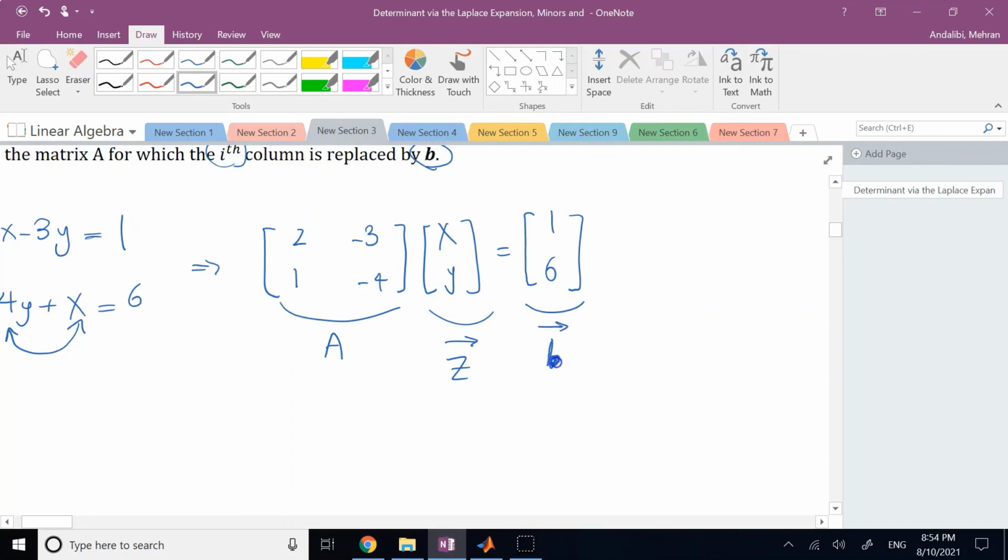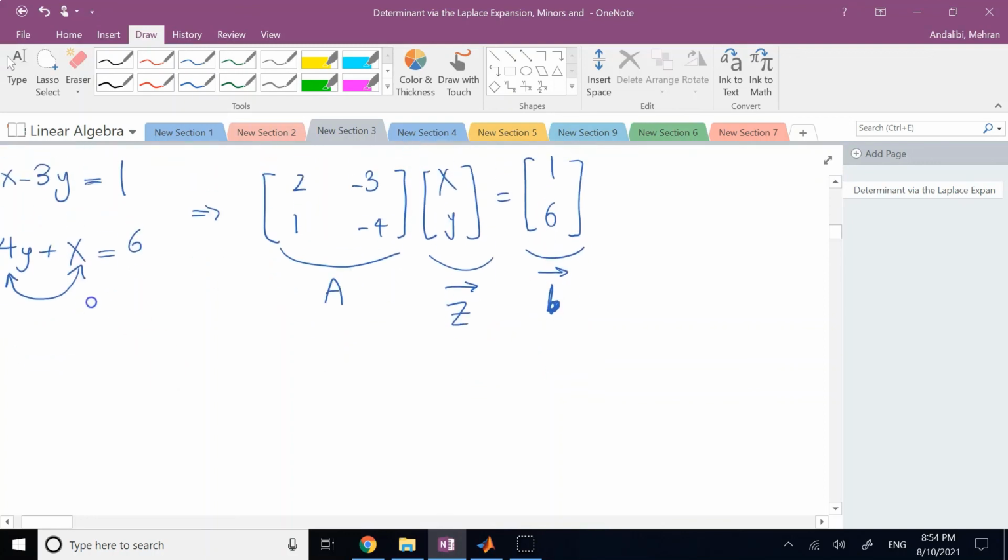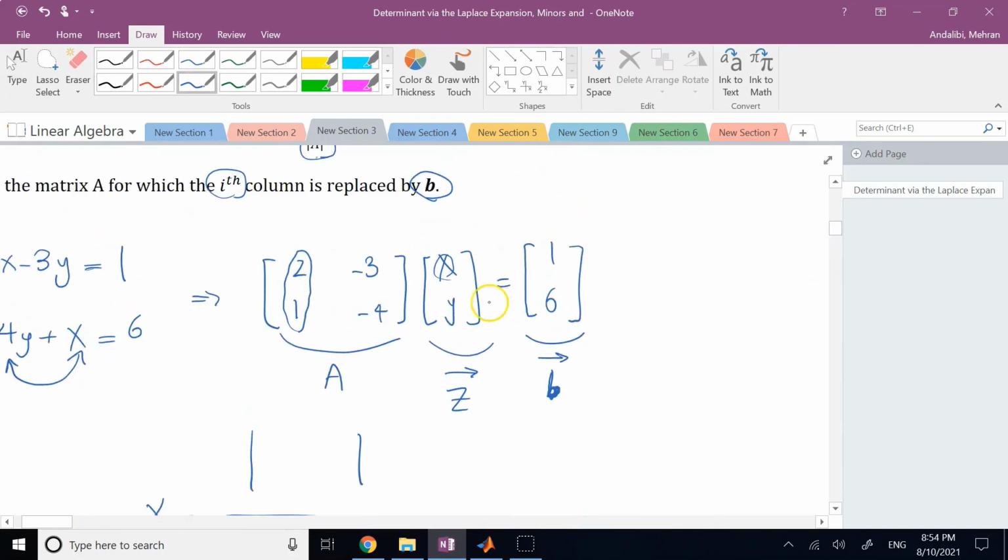So now it says each one of the components in the unknown z, z1, which is x, is equal to the determinant of a 2 by 2 matrix divided by the determinant of A. So A is 2, negative 3, 1, and negative 4. And here, since x is your first element in z, you replace the first column of A by the right-hand side. So basically, you bring this 1 and 6 and put it in place of 2 and 1.